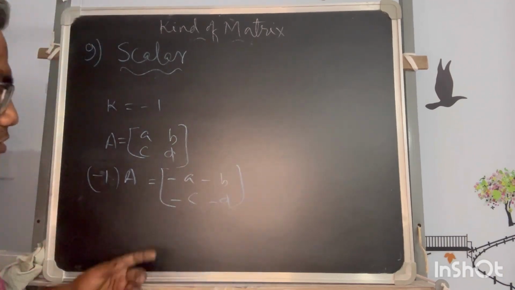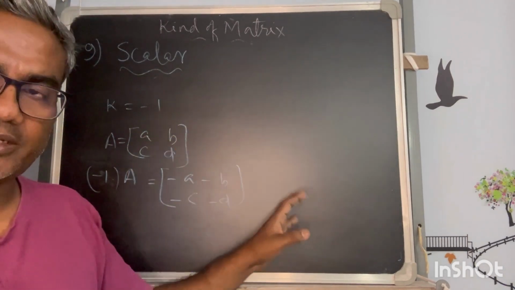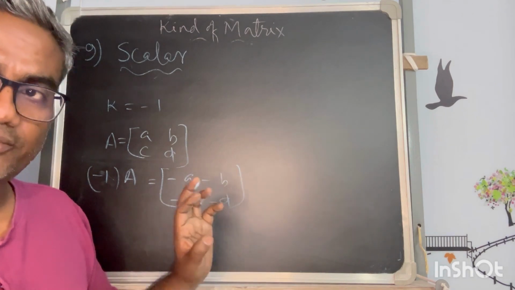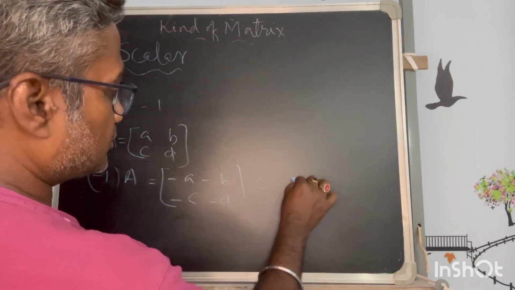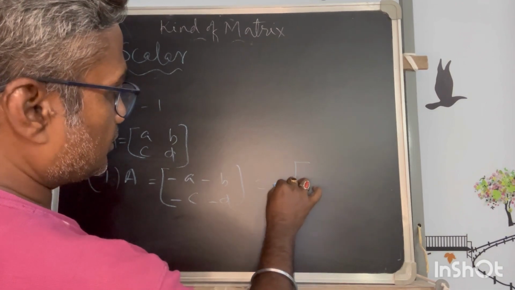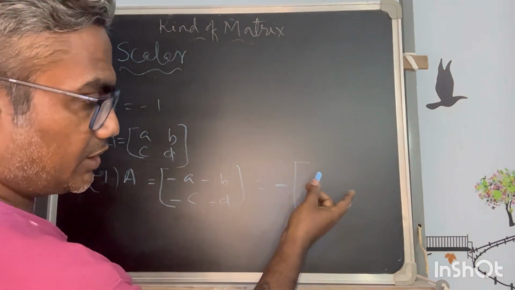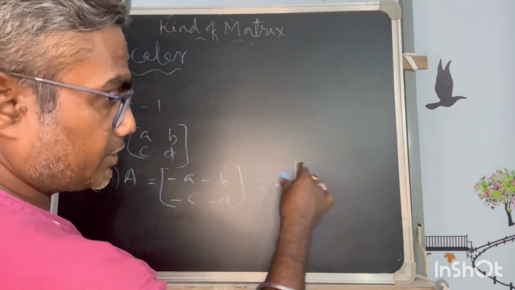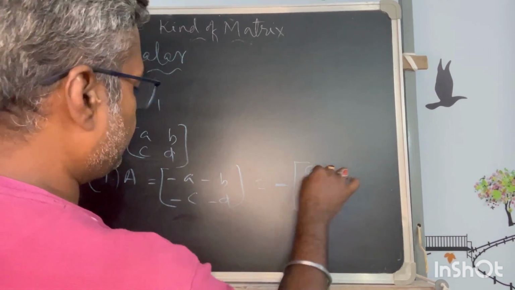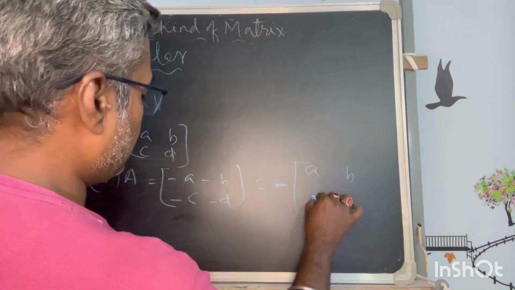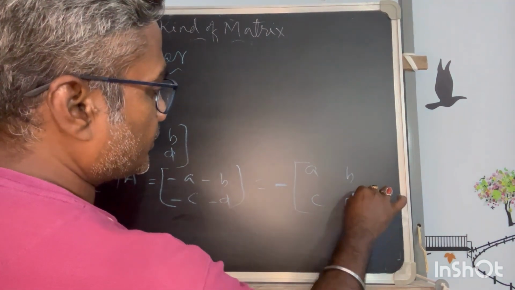This is called the negative of the matrix, not the negative matrix. If I take minus common, the minus will come as a sign, because 1 has no specific increment in the value, so it comes as a sign only, and it will be similar to the matrix.